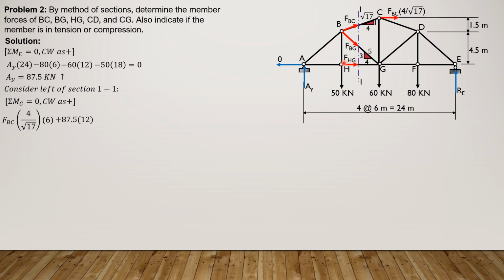Then minus 50 times 6. Then no more, equals 0. So solving for FBC, FBC is expected negative because it is a top chord member. So negative 128.85. So FBC is 128.85 kilonewtons compression.